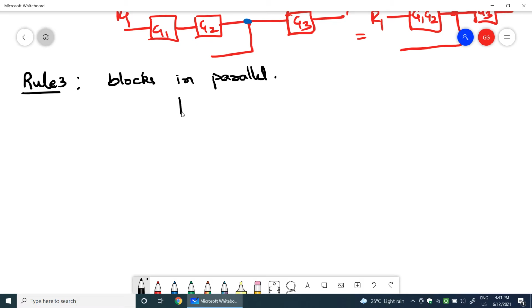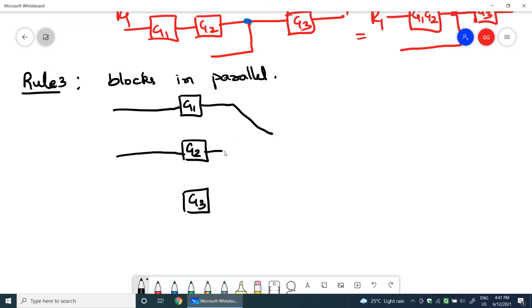So here G1. So how do we say the blocks are in parallel? You should look into this diagram carefully, because the feedback path looks the same as how we write the parallel combination. So parallel paths will all meet at the same summing point. That is what parallel is.